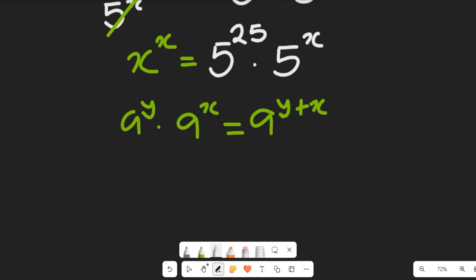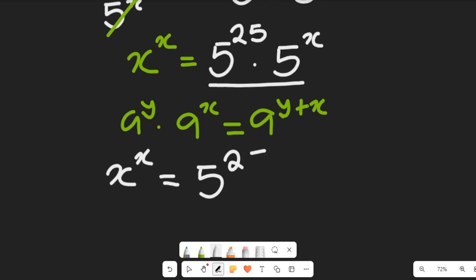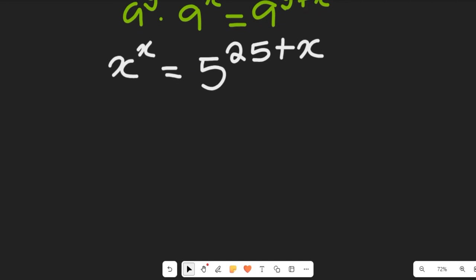Applying this law of indices over here, we have x to the power of x equal to 5 to the power of 25 plus x. Great. Now we're going to look at solving this expression further. And what do we do from here? We're going to apply the laws of logarithm.